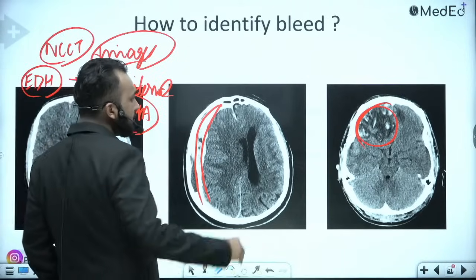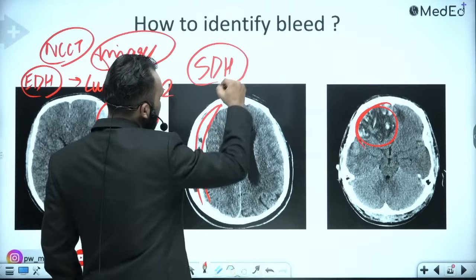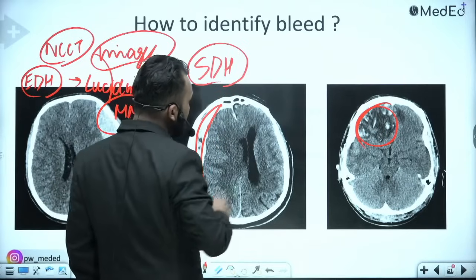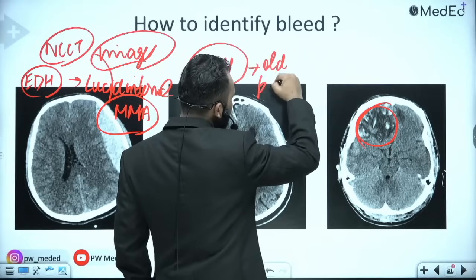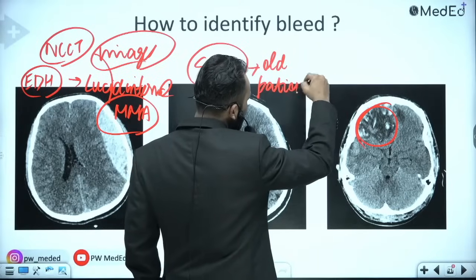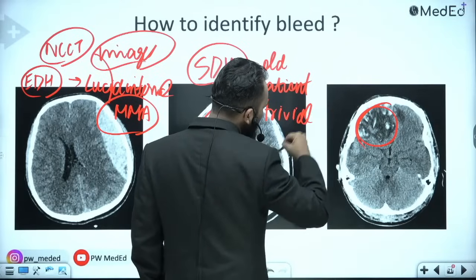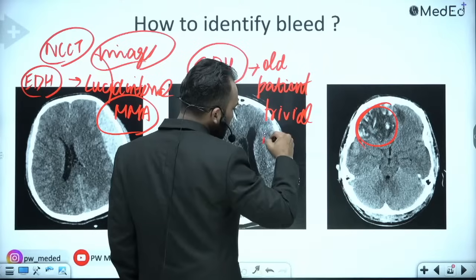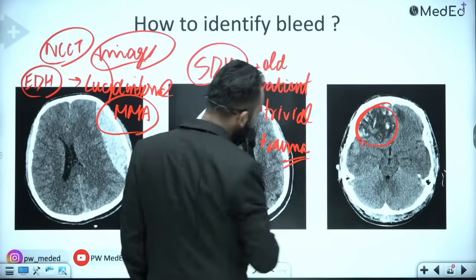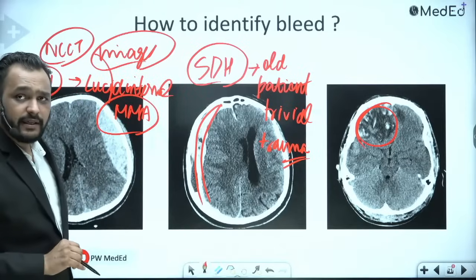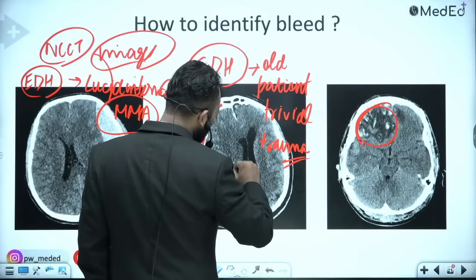In the second case, you will see that this is a subdural hemorrhage. It will be seen in old patients with a history of trivial trauma. If they fall while taking a shower, they can develop this subdural hemorrhage. This subdural hemorrhage is due to the rupture of the cortical bridging veins.